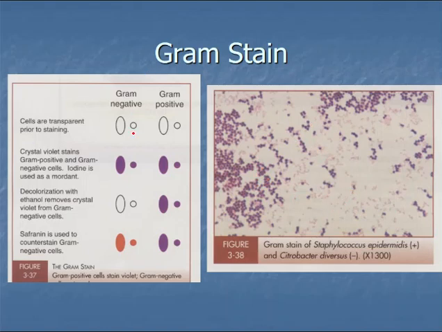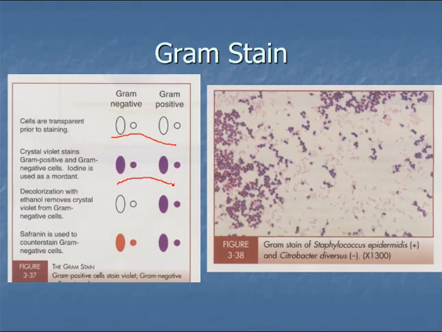And then this goes through, and I think the picture kind of gives you a little bit better visual of the technique, because it kind of shows you an example of what would be happening with the two microscope slides here. So as they are first fixed to the slide, they're both transparent. And then the purple stain, crystal violet, is added, both are purple.